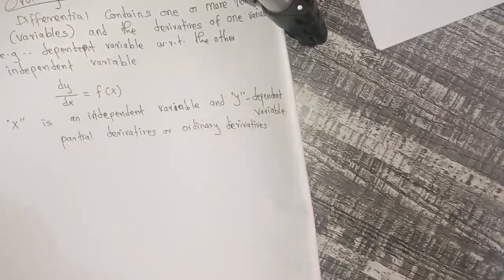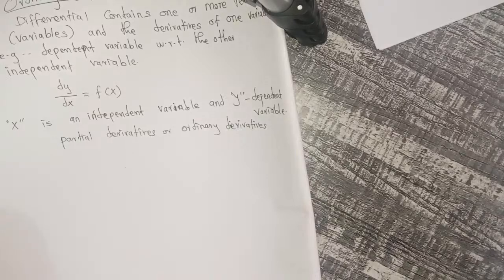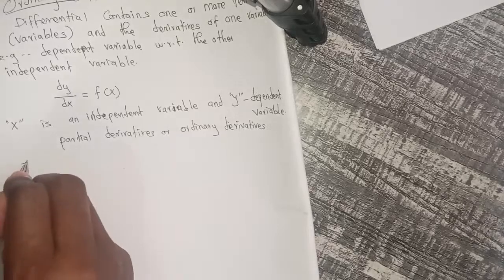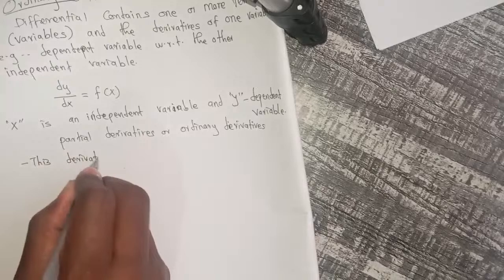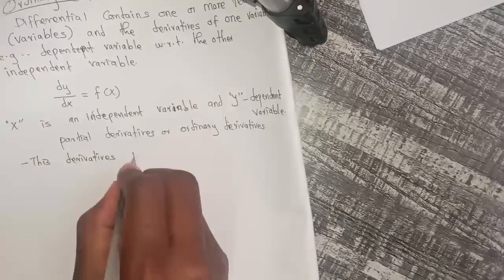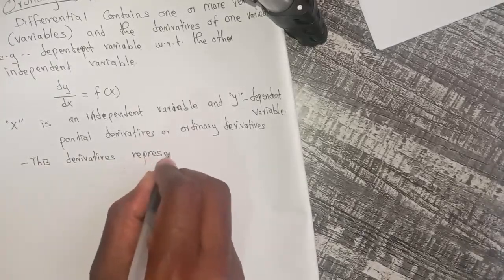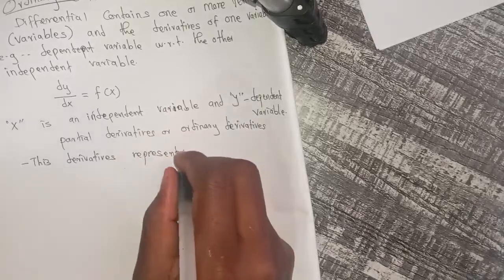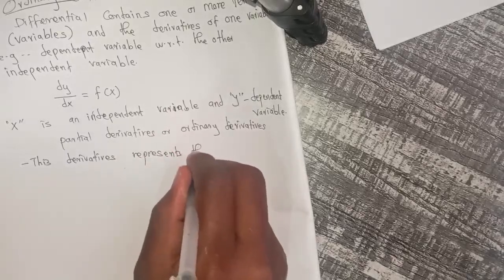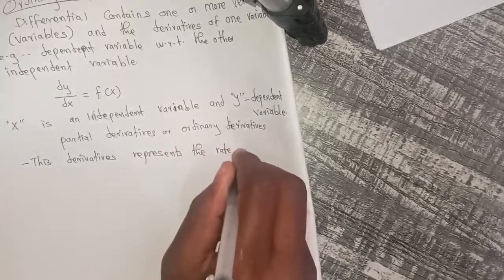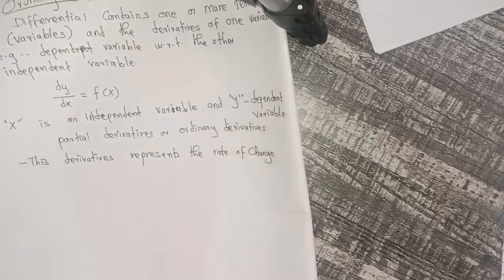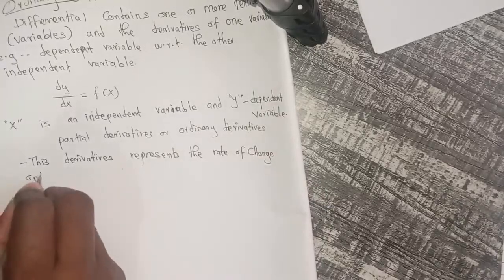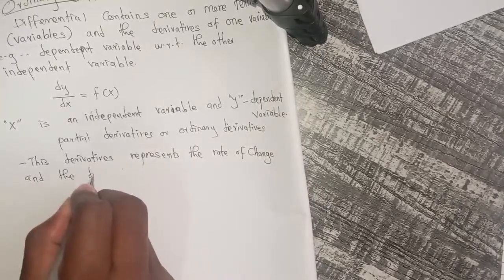So they are either partial or ordinary derivatives. Now these derivatives represent the rate of change.